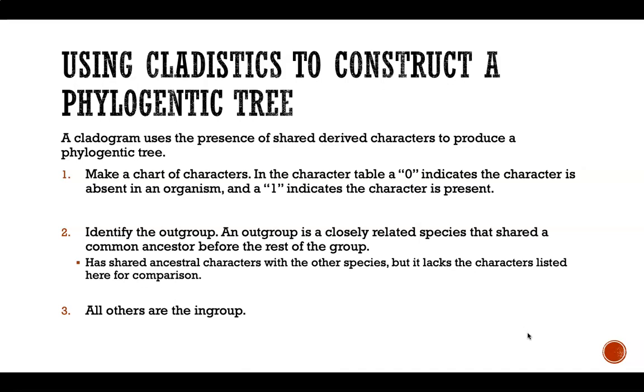So you know that it's a common ancestor because it shares traits with all of them, but you have to use new traits that have come about, the derived characteristics that have come about after the split with that outgroup, in order to identify the locations of all your other groups on your tree. After you identify the outgroup, everybody else becomes the in-group. These are the species that are being considered and are more closely related to one another than they are to that outgroup ancestor.